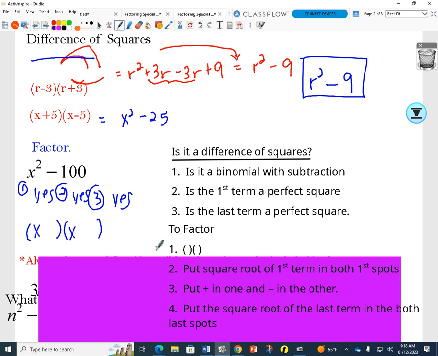Put plus in one and minus in the other. And then put the square root of the last term in both last spots. So Clarence says that's 10. He's right. The square root of 100 is 10 because 10 times 10 gives us 100.